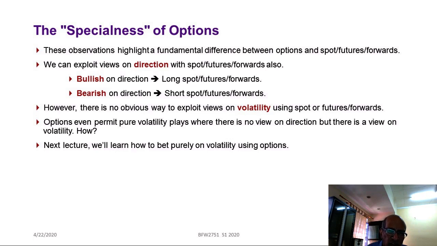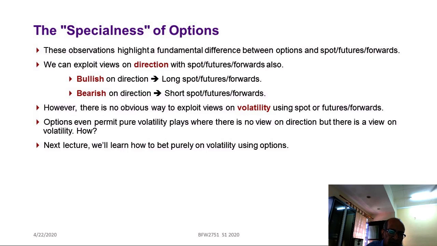The specialness of options. These observations highlight a fundamental difference between options and spot, futures and forwards. Spot market, futures market, forward market you have seen earlier. Now we have this option market, which I told you is to buy a right, not an obligation.